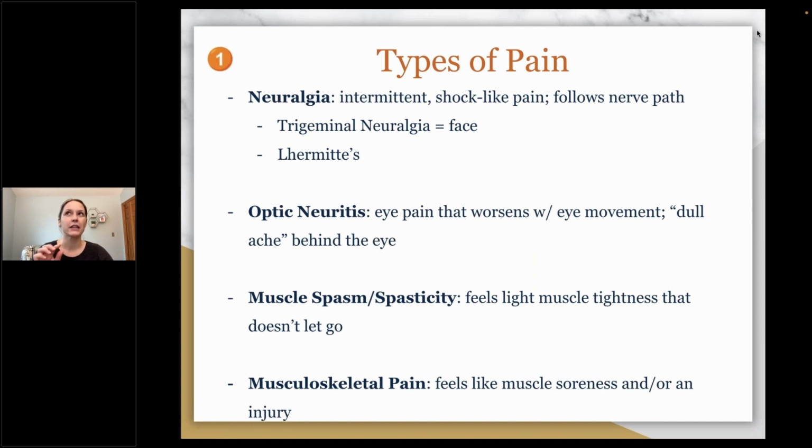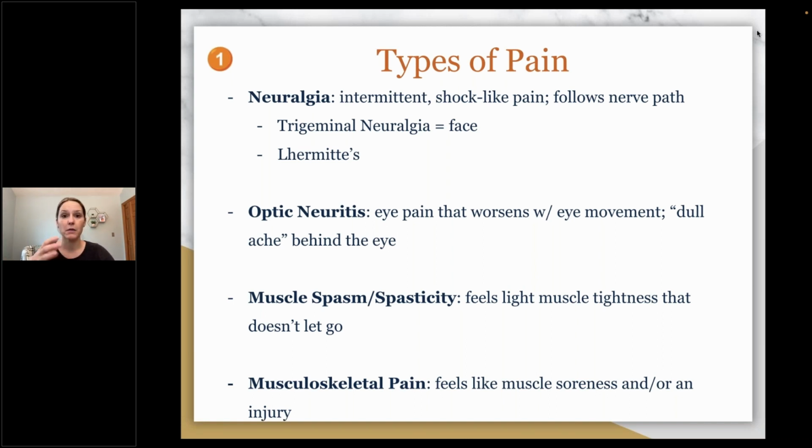So if it's a little bit, it might be a light muscle tightness, but spasticity can range all the way to your muscle is so tight that it is not letting go and it's actually preventing you from moving. For example, you cannot bend your knee, or you cannot straighten your knee or your elbow.